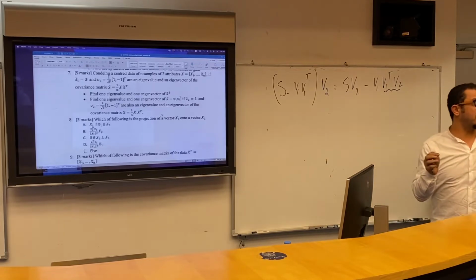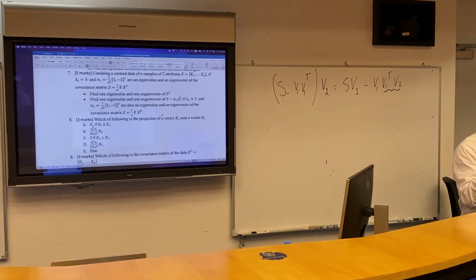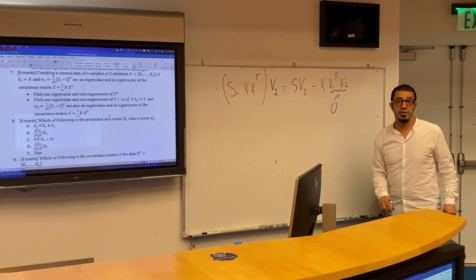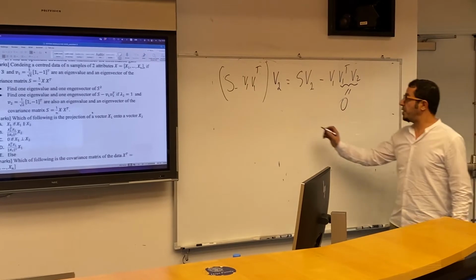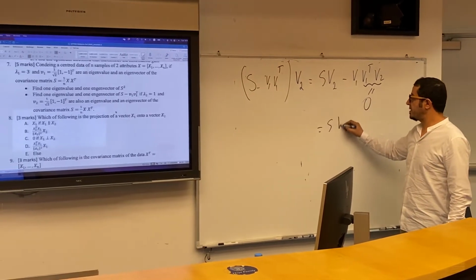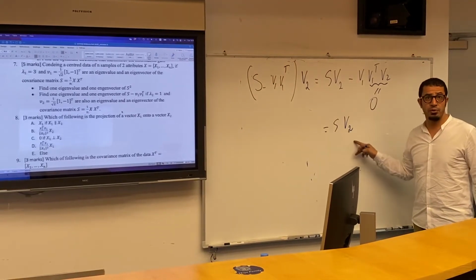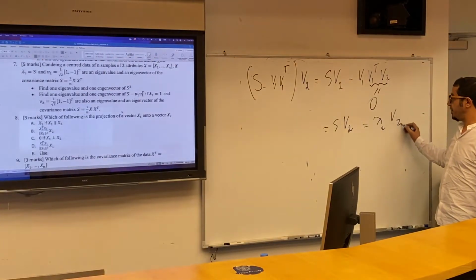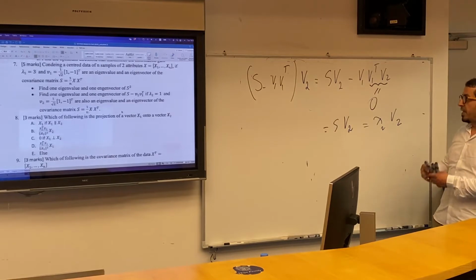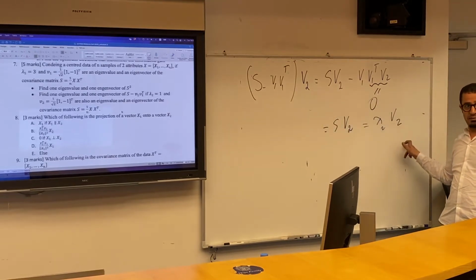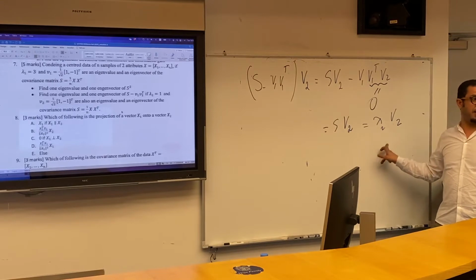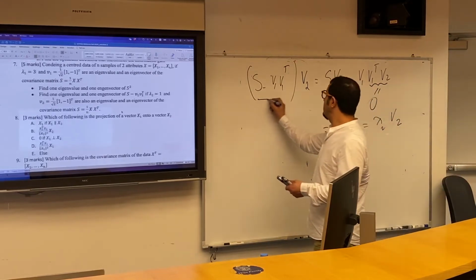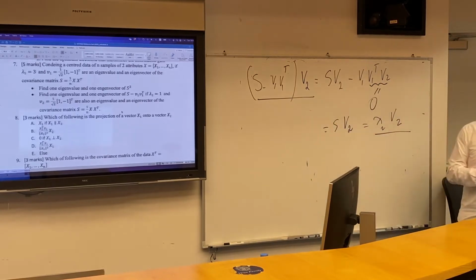V1 and V2 are orthogonal, so it will be 0 because they are perpendicular, right? So what will be here? S V2. What is S V2? It is an eigenvalue relation, lambda 2 V2. So at the end, they have the same eigenvector V2 and the same eigenvalue. This is my matrix A, and this is my result.